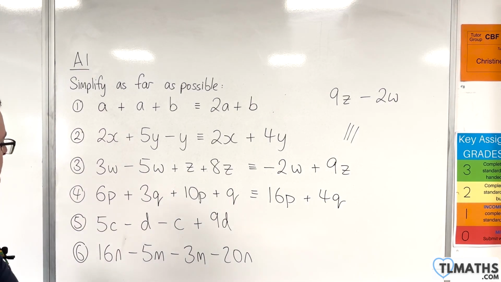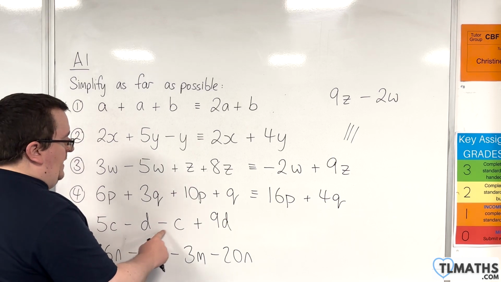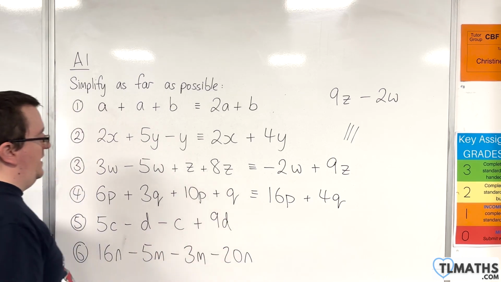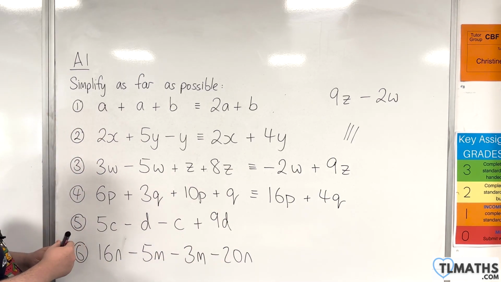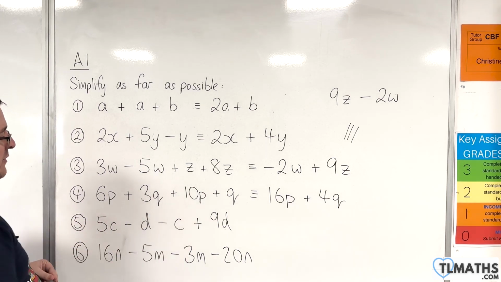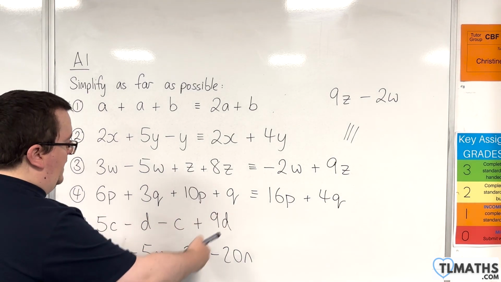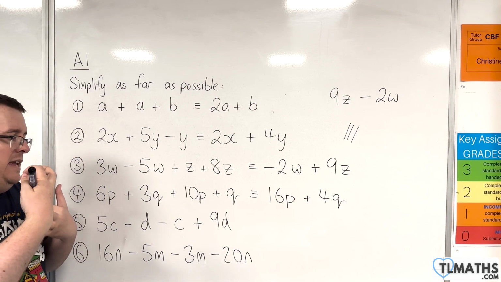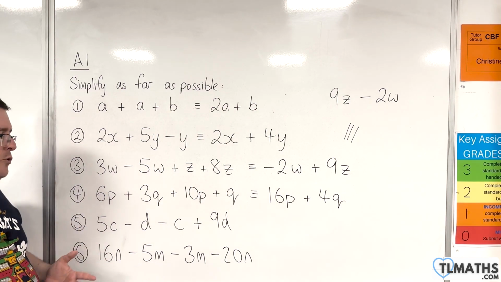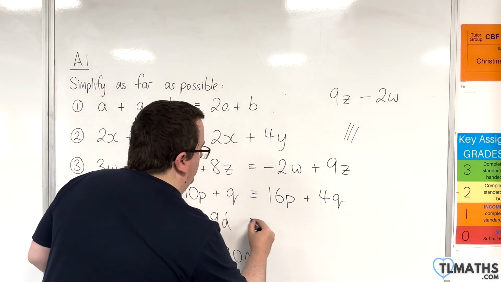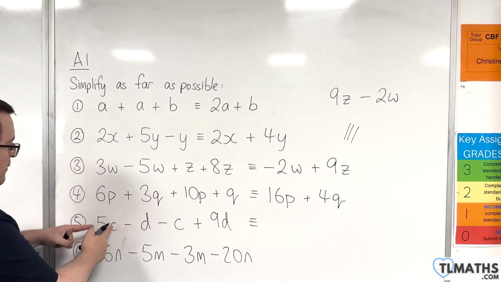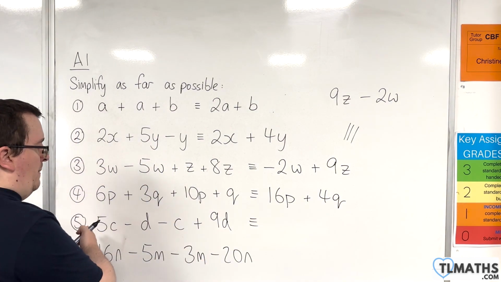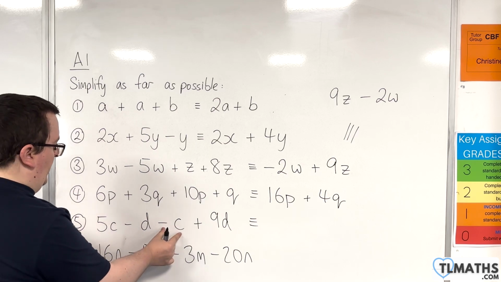Right, number 5, we have 5c take away d take away c plus 9d. Although I've mixed the terms up again, having the negatives in there sometimes causes confusion. But still, think of it as, I've got 5c, and remember you're working from left to right, so 5c take away c.